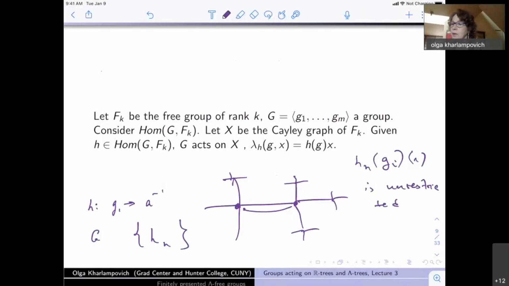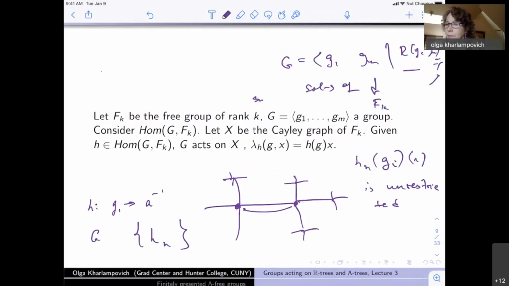This happens, for example, if the group G is generated by g_1, ..., g_m and has some relations, we can think that we are solving the system of equations R(g_1, ..., g_m) in a free group. So these are going to be homomorphisms of G into F. Basically it's solutions of the system R(g_1, ..., g_m).